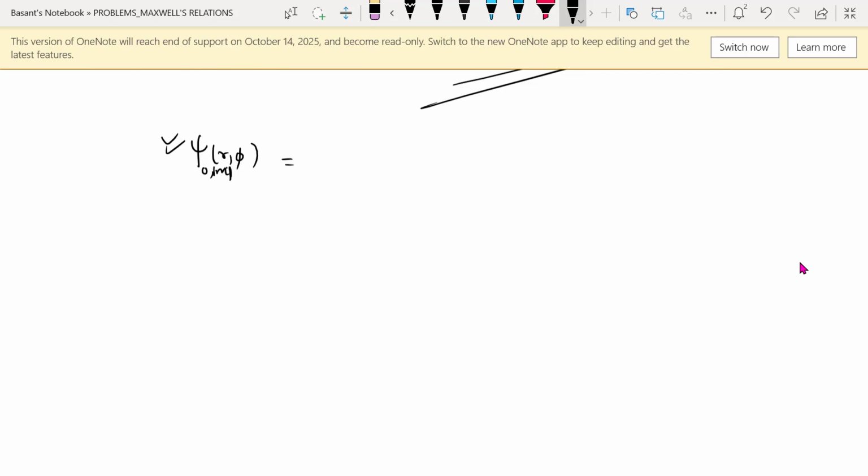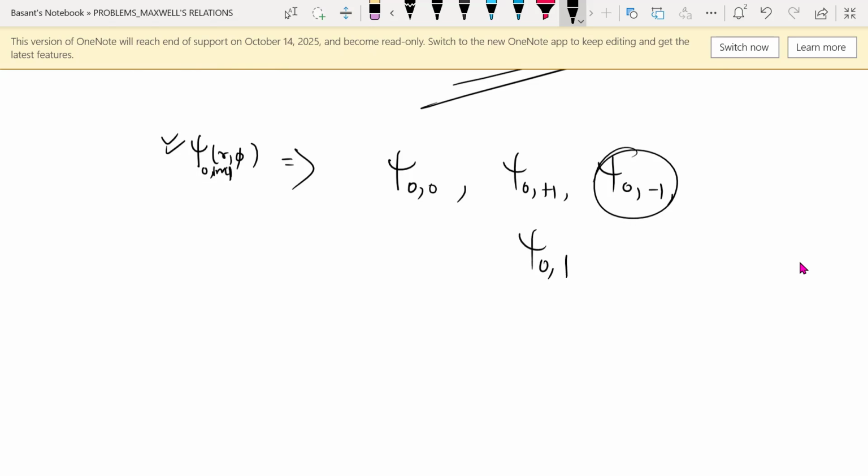And this is equal to 0 and m. This is equal to psi 0 0 or psi 0 plus 1 or psi 0 minus 1, or you want to write psi 0 plus 2, or psi 0, any combination having the first digit 0.